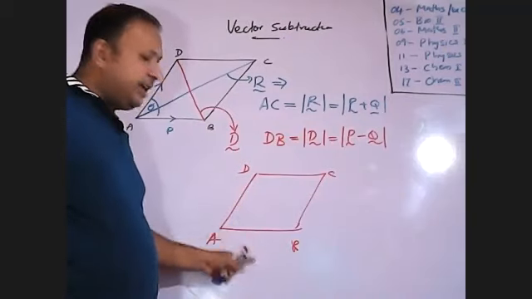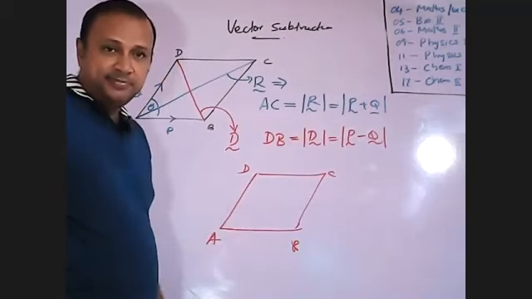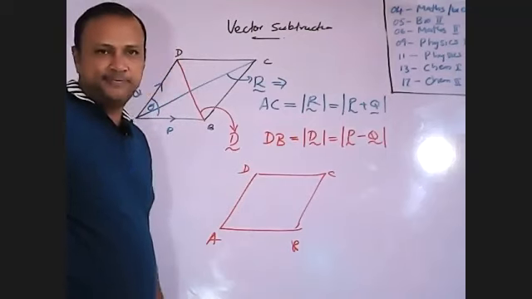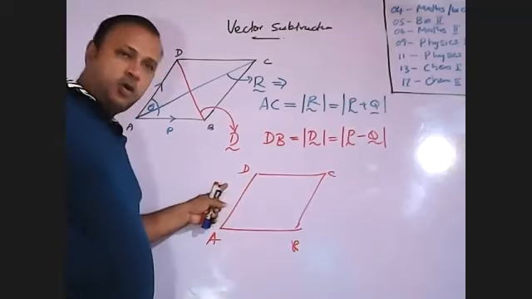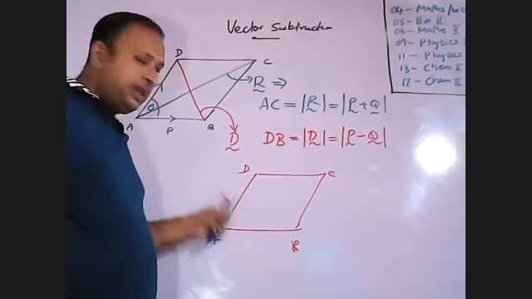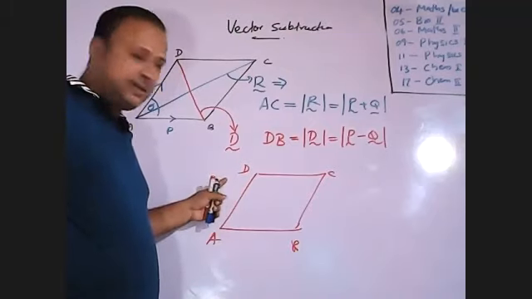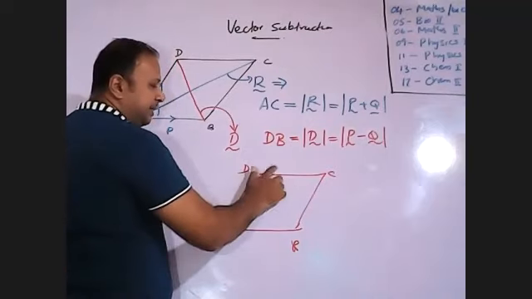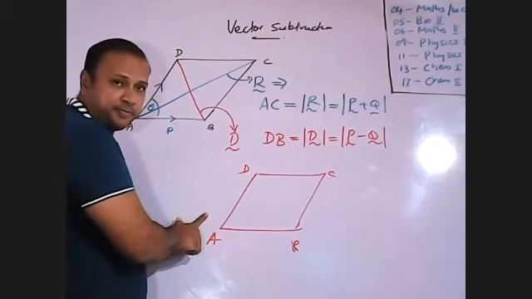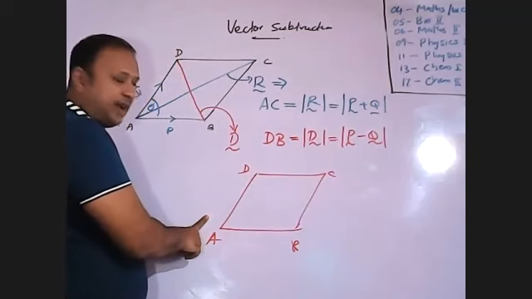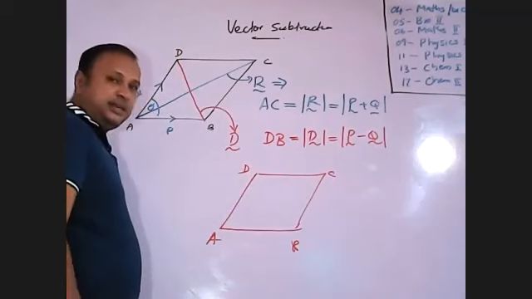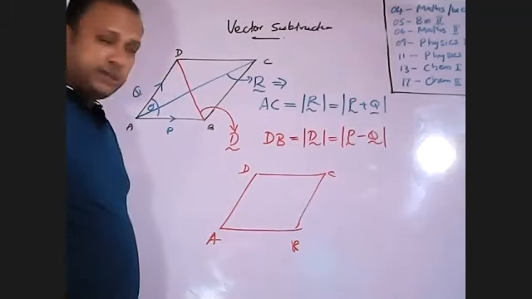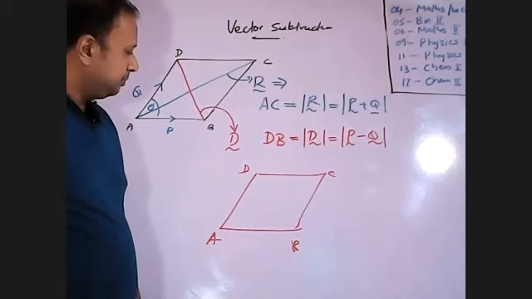If these two sides are equal in length, it must be a square or a rhombus. If these two lengths are equal in size, that means all the sides of this parallelogram are equal in size. Therefore, I can clearly say it should be a rhombus or a square.